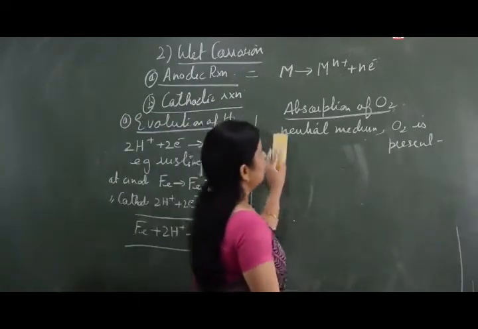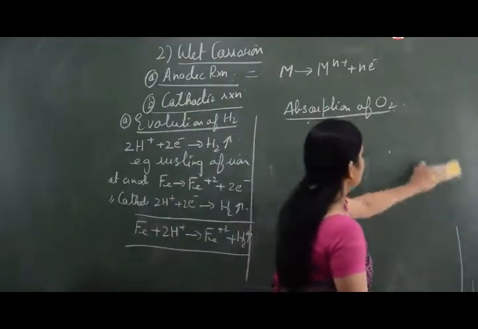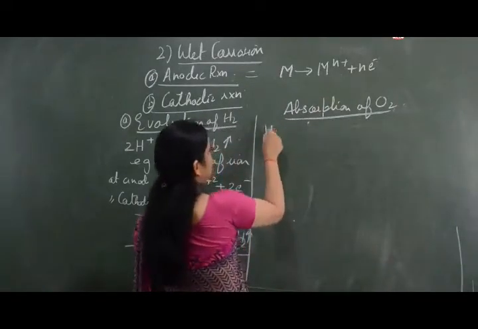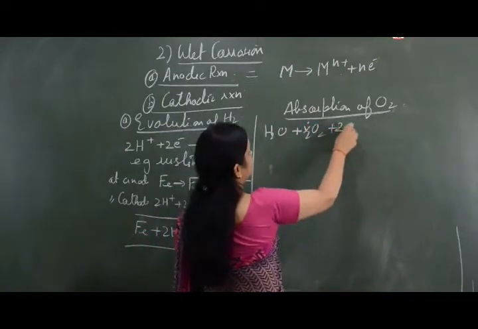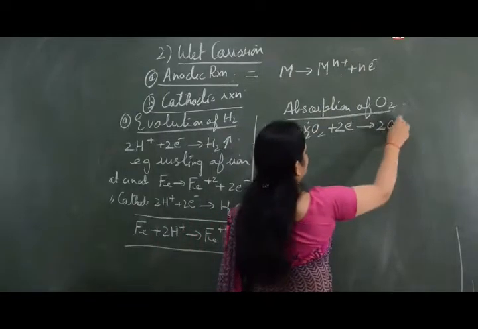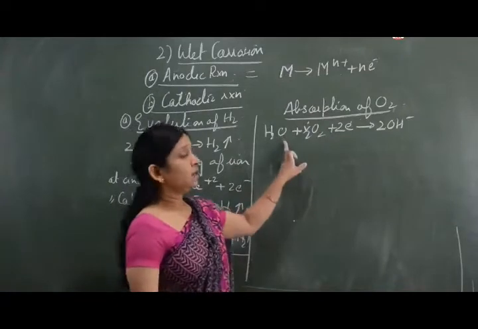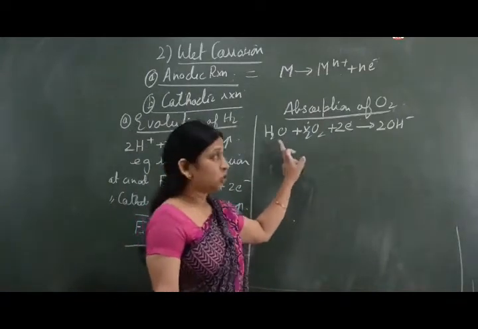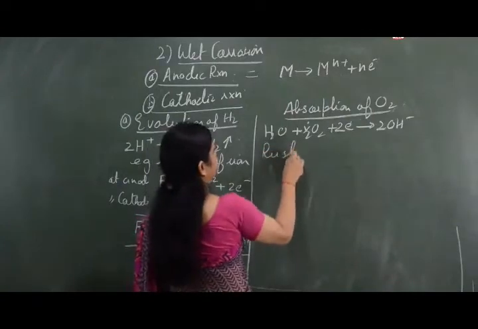Second, we consider absorption of oxygen where the medium is neutral. Medium is neutral means water is present. In the presence of oxygen, it will take up the 2 electrons which are released here, and there is formation of OH minus ion. So this is the cathodic reaction which is going to take place. Again the example is rusting of iron.